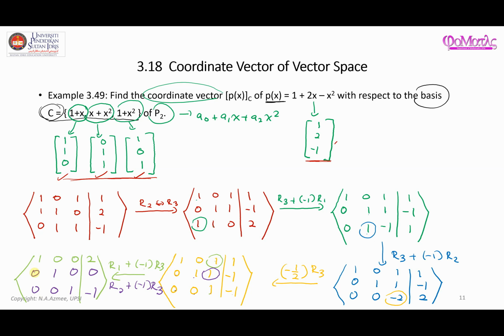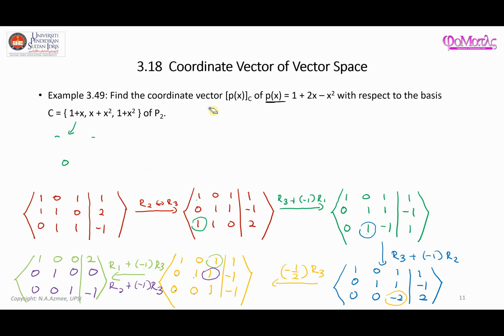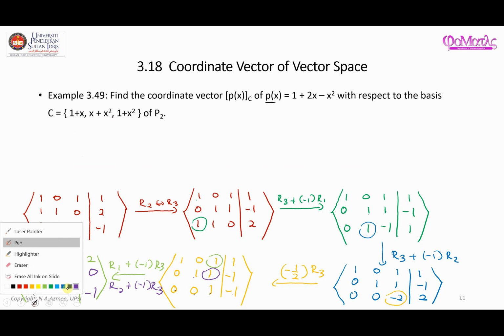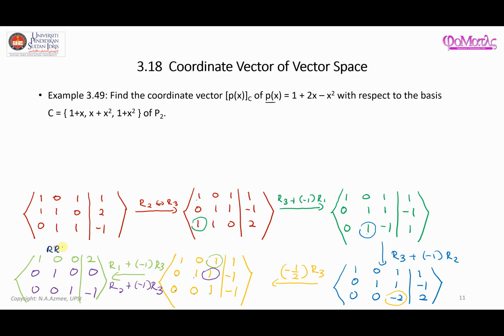So here I have arrived at the RREF matrix, and since this is already RREF, the part right next to it is the coordinate vector. It is the coordinate vector for Px with respect to C, where C is the basis, and the answer is 2, 0, negative 1. There you go.